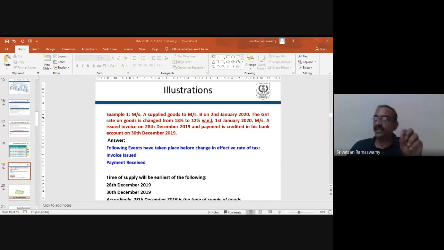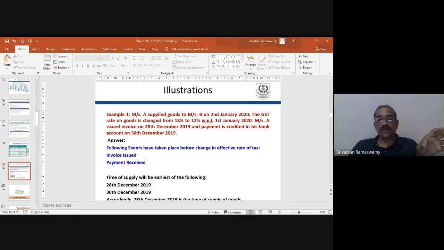Therefore the rate that was in existence at that point of time was 18%, even though the rate was reduced before the date on which the supply was effected, that was on 2nd of January. The rate to be adopted will be only 18%. Perfect. I think Shashwat and Sairam have understood this concept very clearly.